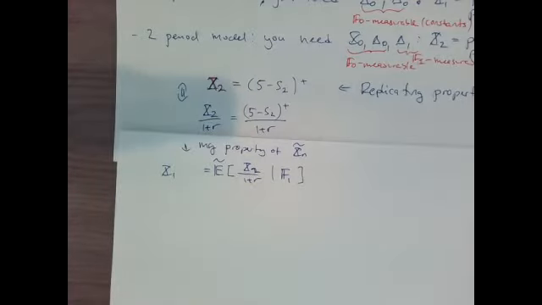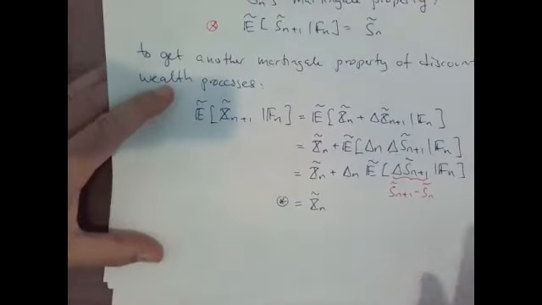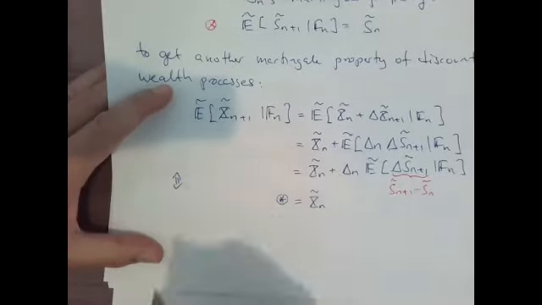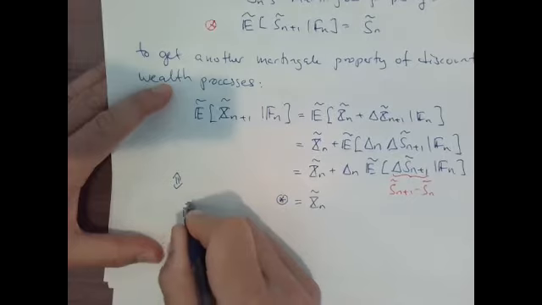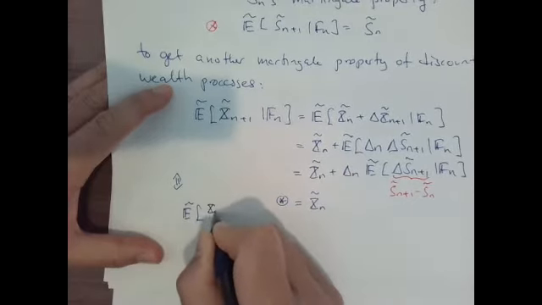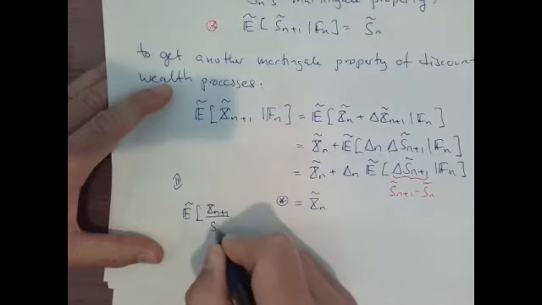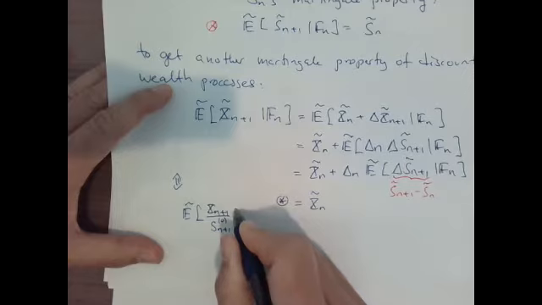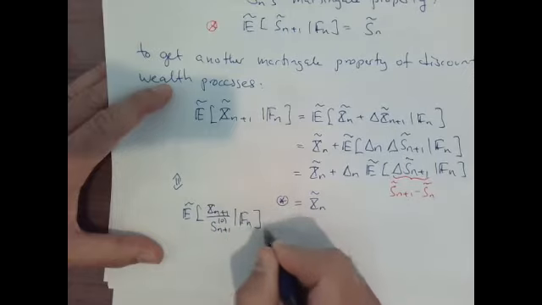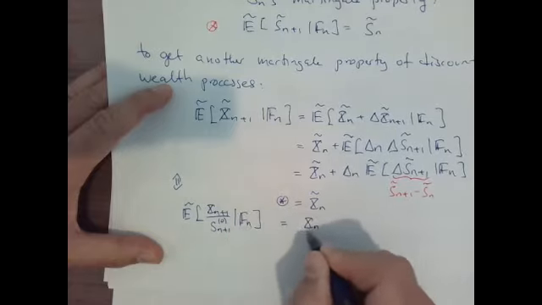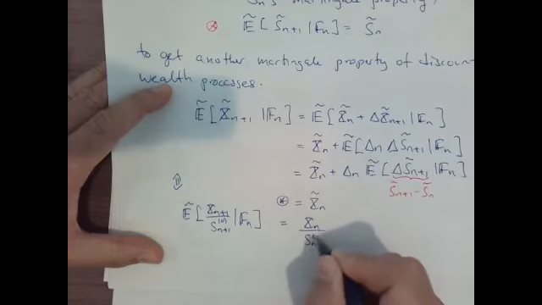Right, if this is not clear, maybe we should write it out here. This is the same thing as saying that the conditional expectation of X_{n+1} divided by S_{n+1}^0 given F_n is equal to X_n divided by S_n^0.